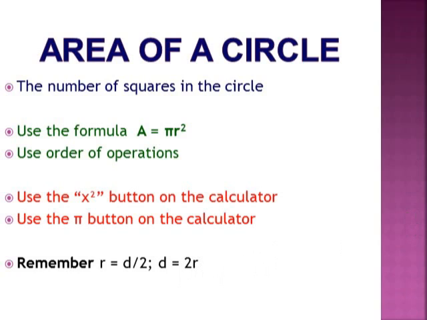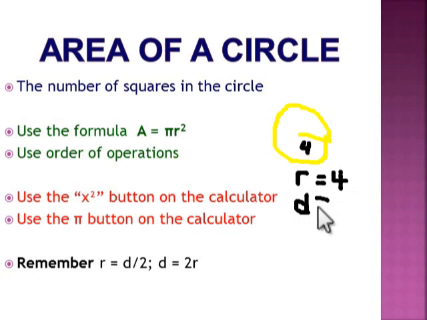I highly suggest, here we go, I highly suggest that if you have a circle, let me pick a different color on that. If they have a circle and they've told you that the radius is 4 inches, that you go ahead and write r equals 4 and d equals 8.